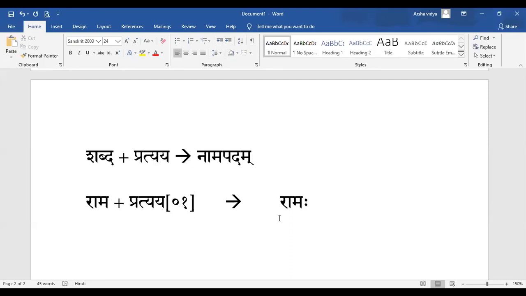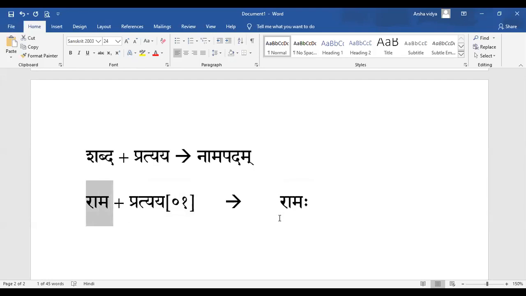How do you get that meaning? Because of this pratyaya. I'm adding a particular suffix which has the inbuilt meaning of saying that it is the agent. Adding this suffix, you get the agent, the subject, and therefore that is Ramaha. Ramaha is a Namapadam and Rama is a Shabda.